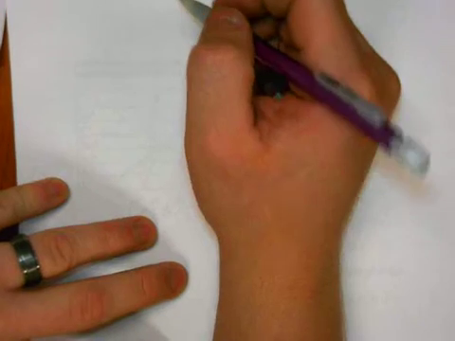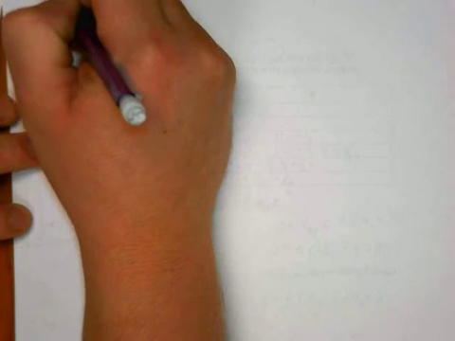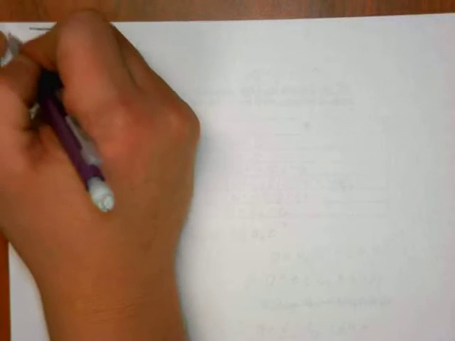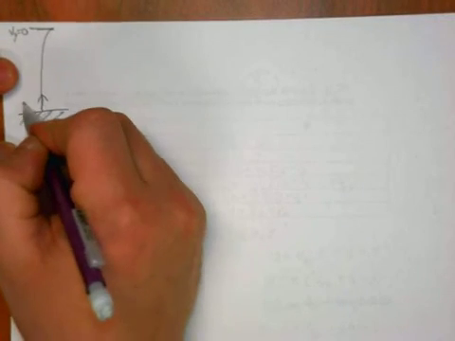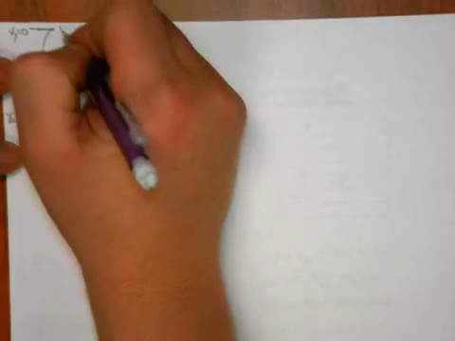Some of you work the problem by saying, I want to find the time it takes to reach the peak. At that point, Vy equals 0, and of course you have V0y, y0, and y.